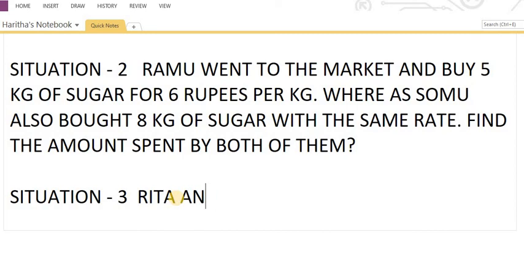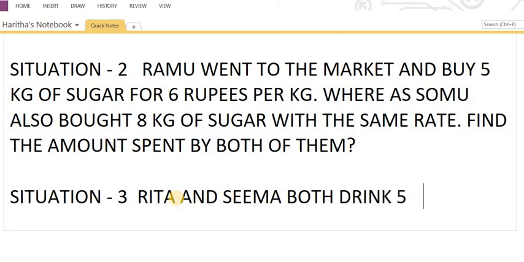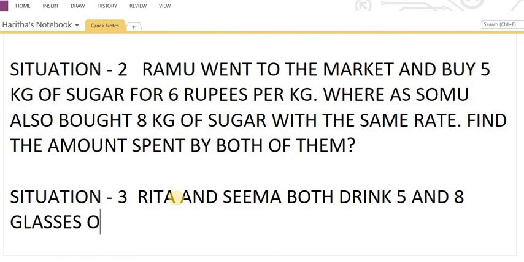Rita and Seema both drink 5 and 8 glasses of juice every day.